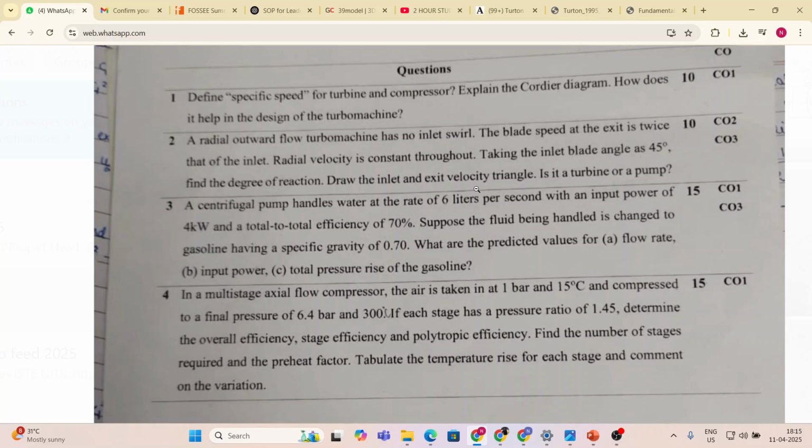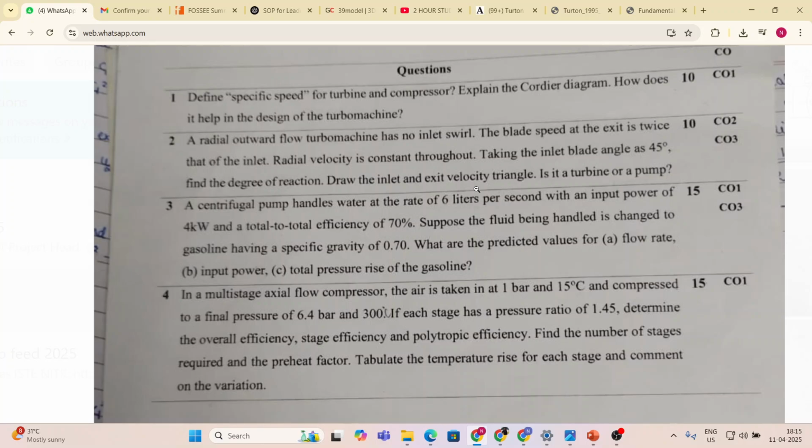Okay, so what information is given, I would just like to brief you about it. Radial outward flow means there is no c theta, no tangential component of the absolute velocity. Swirl also indicates the same thing, that c theta 1 is equal to 0. Outward flow turbomachine also indicates that U1 is not equal to U2.